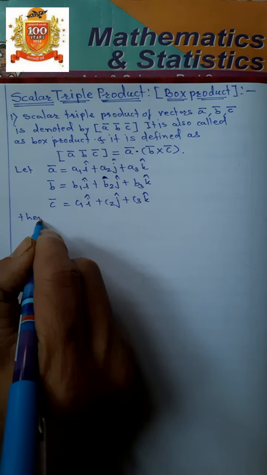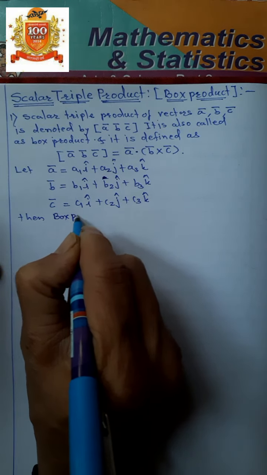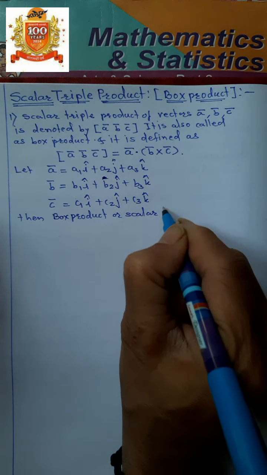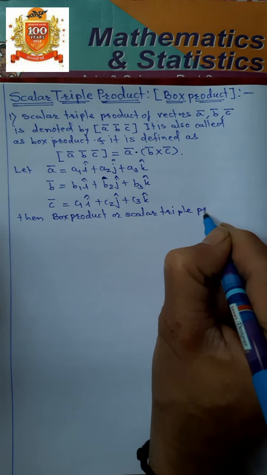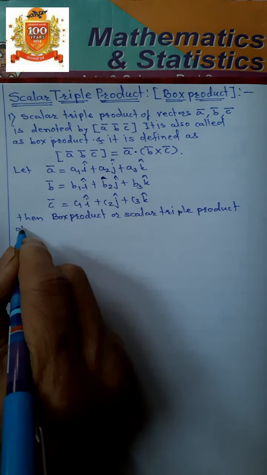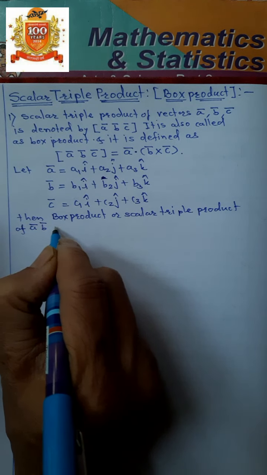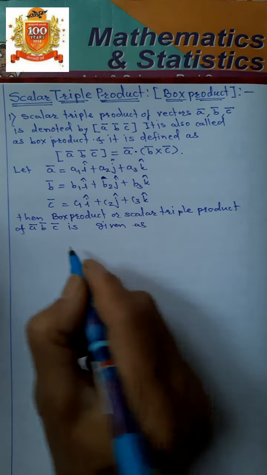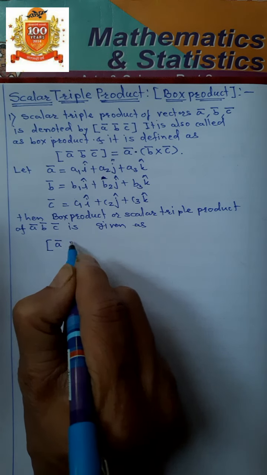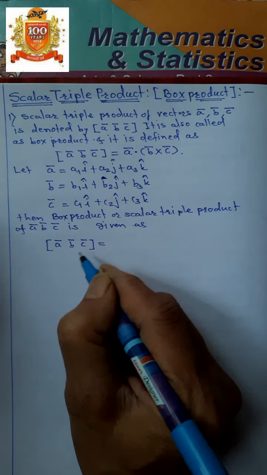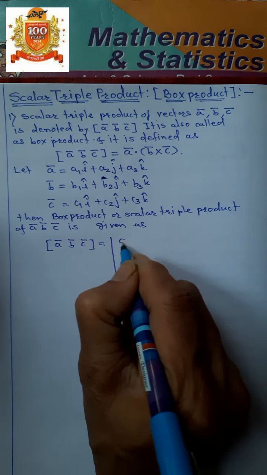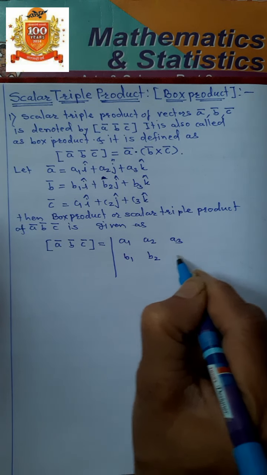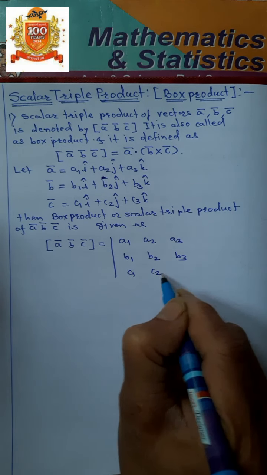Then box product or scalar triple product of a bar, b bar, c bar is given as determinant of a1, a2, a3, b1, b2, b3, c1, c2, c3.